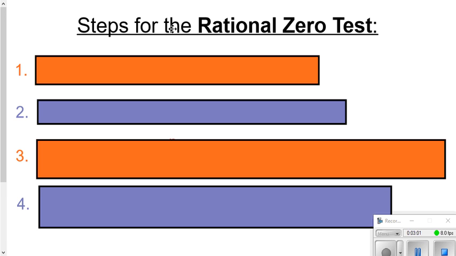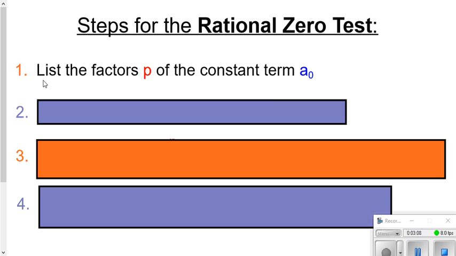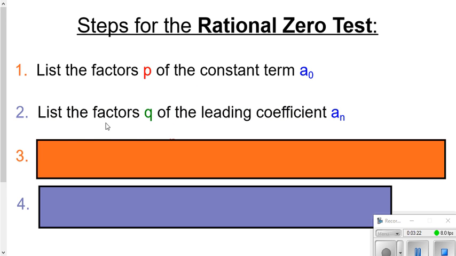Before we go over examples, we're going to find out the steps for using this rational zero test. The first step is you're going to list all of the factors, we call them p, of the constant term. So we look at that last term, the constant term, and figure out all of its possible factors, both positive and negative. Step 2, we will do the same thing, list the factors q of that leading coefficient.